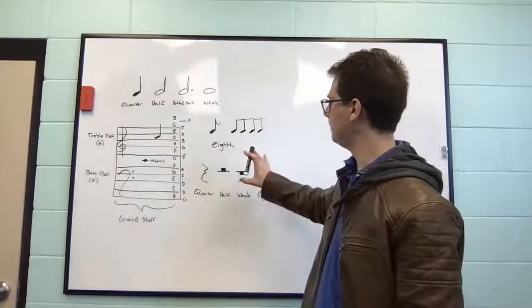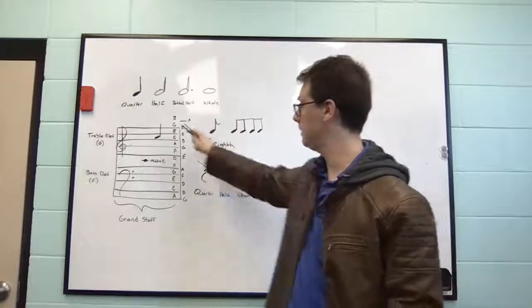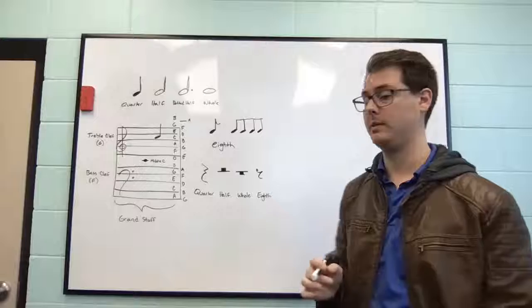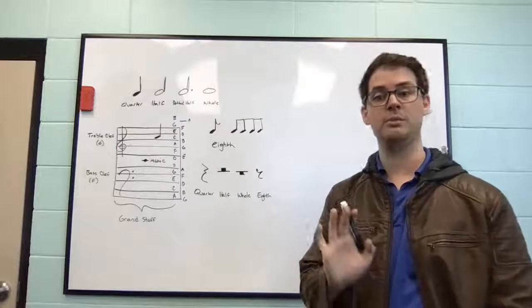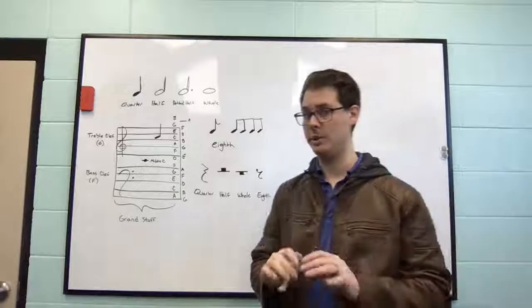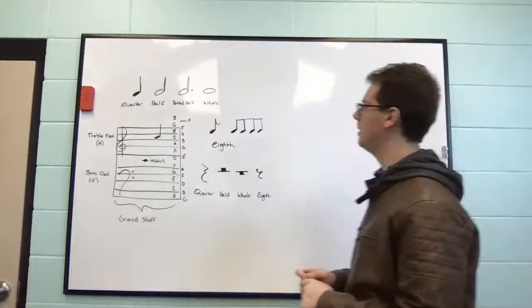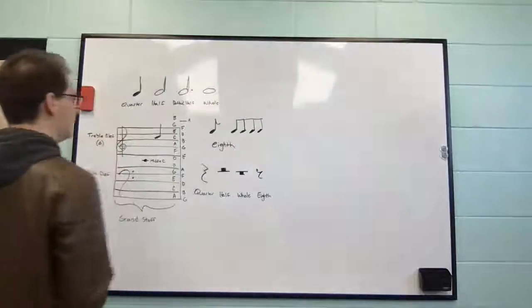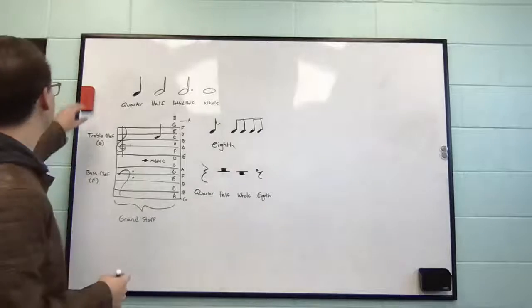So again here, notes tell us how long to play for, where it's placed on the staff, and what specific note to play. We also have periods of rest where it wants you to take a step back. It doesn't want you to play here. Okay? All right, so let's take a look at some dynamic markings.